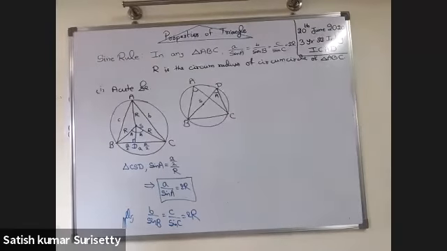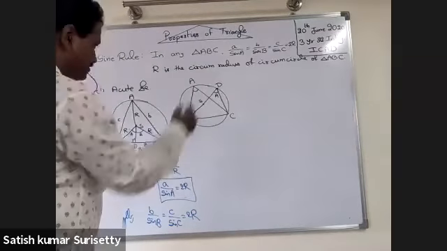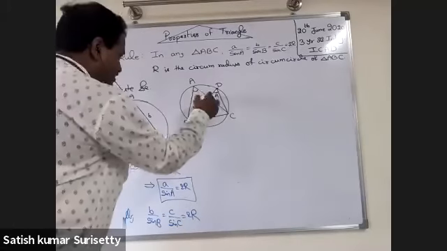Why? Because angles in the same segment are equal. So this is R and this is also R.